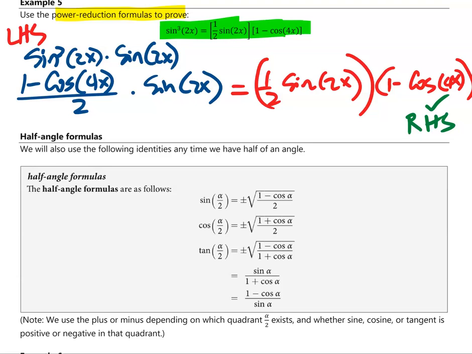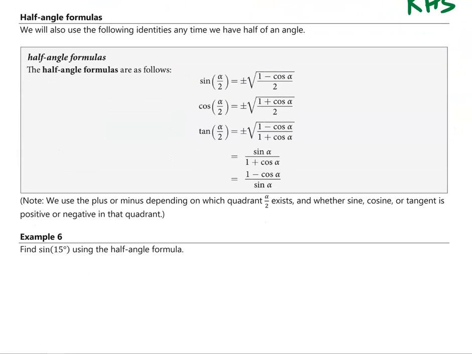Okay, next, half angle formulas. We will also be using the following identities anytime that we have half an angle. So these are the half angle formulas. Sine alpha over 2 is equal to plus or minus the square root of 1 minus cosine alpha over 2.